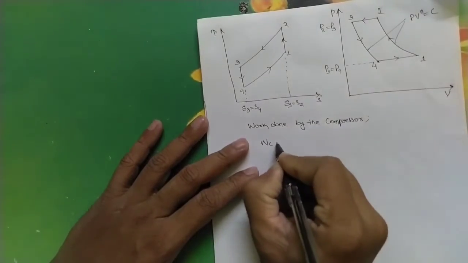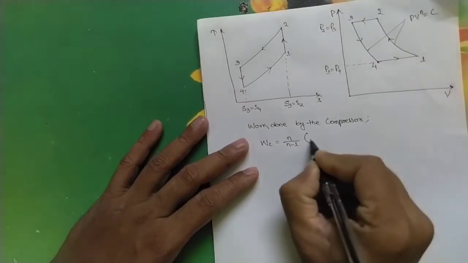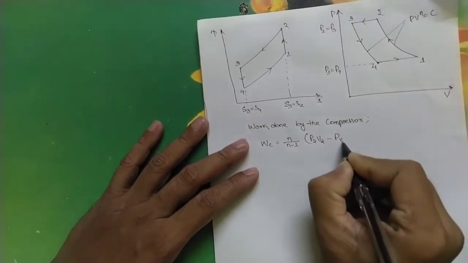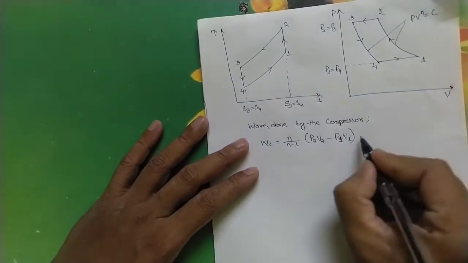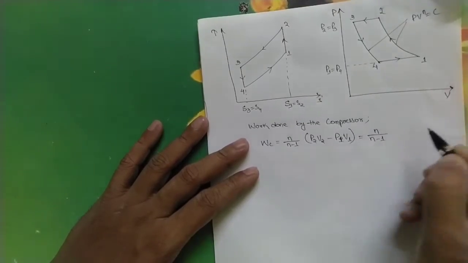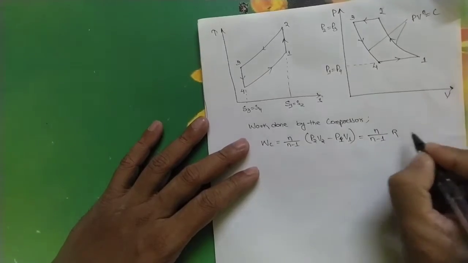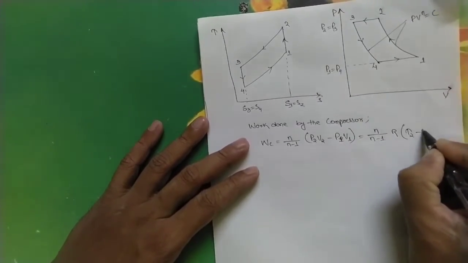So work of compressor equals n by n minus 1 into (P2V2 minus P1V1), that is equal to n by n minus 1, taking R as common, R into (T2 minus T1).